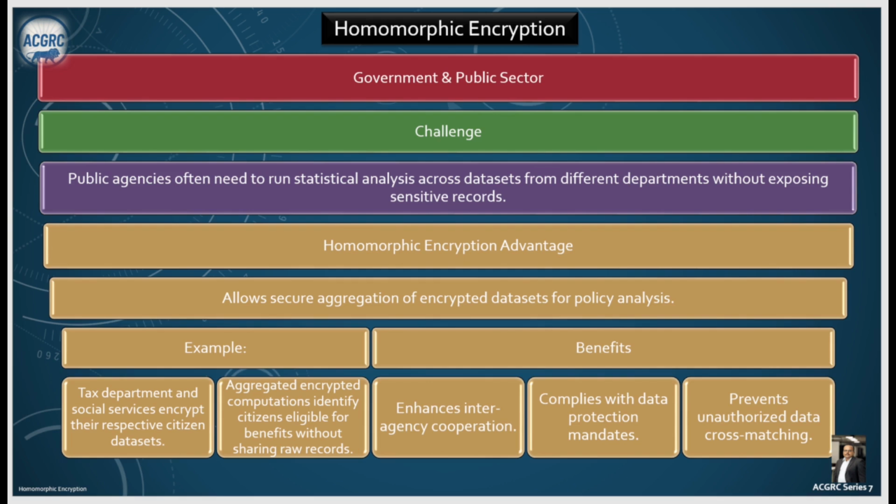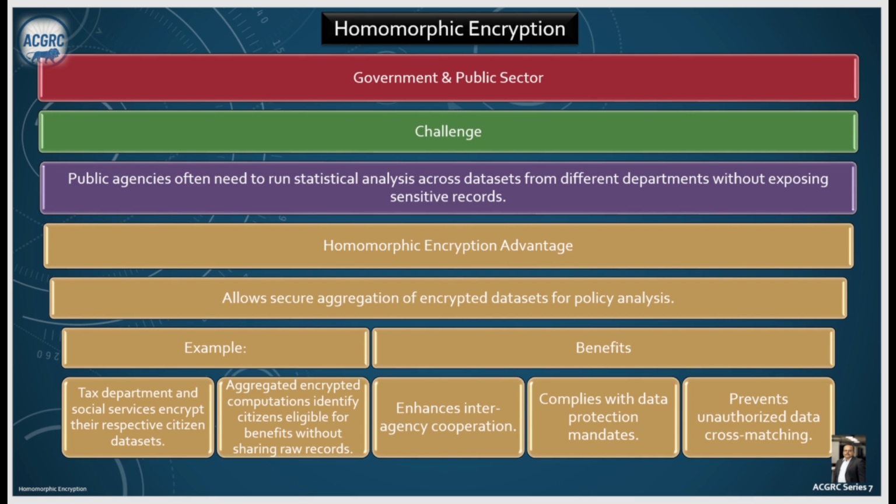Let's look at the government and public sector space. Public agencies often need to run statistical analysis across data sets from different departments without exposing sensitive records. Homomorphic encryption allows secure aggregation of encrypted data sets for policy analysis.